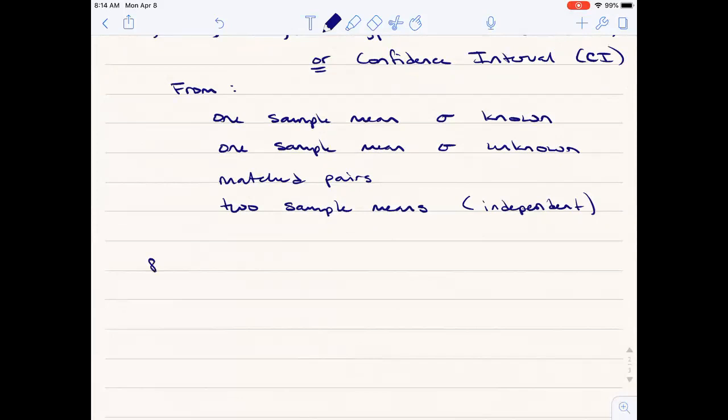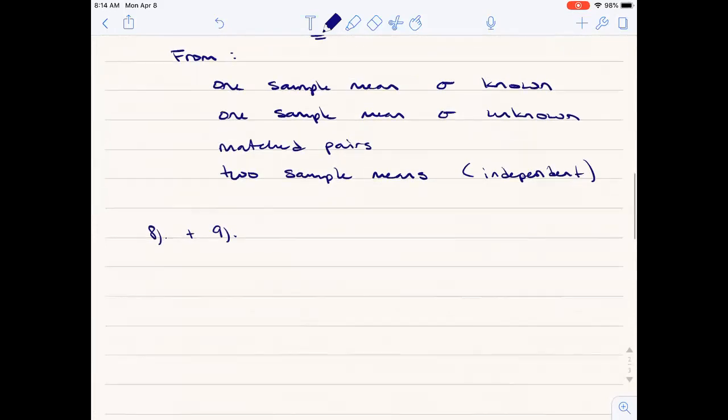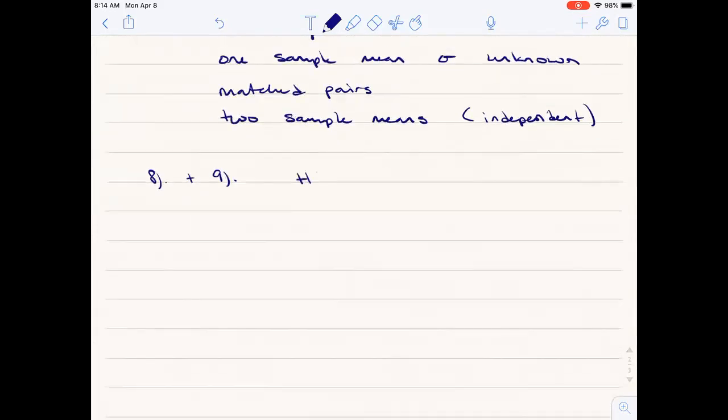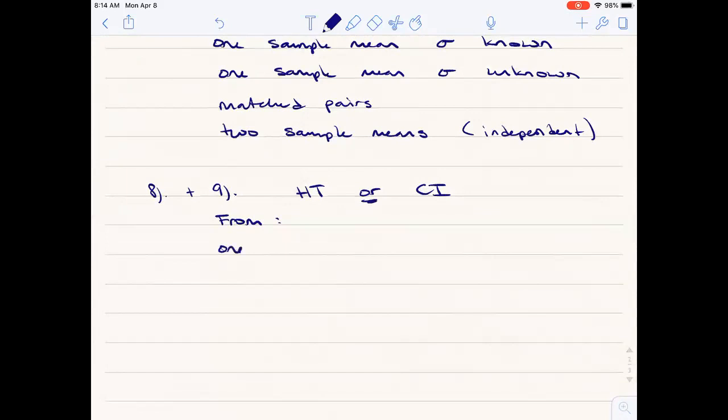From 8 and 9, same idea. Right now we're moving into proportions. We've got 1 sample proportion or 2 sample proportions. And so it's going to be a hypothesis test or a confidence interval from 1 sample proportion or 2 sample proportions.